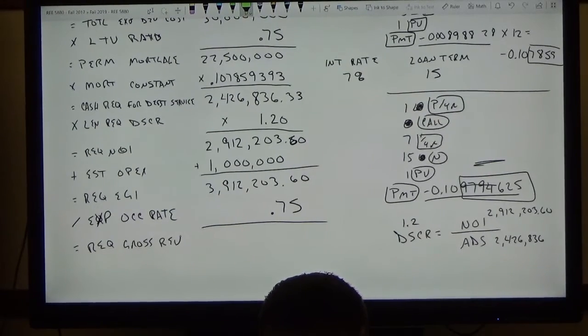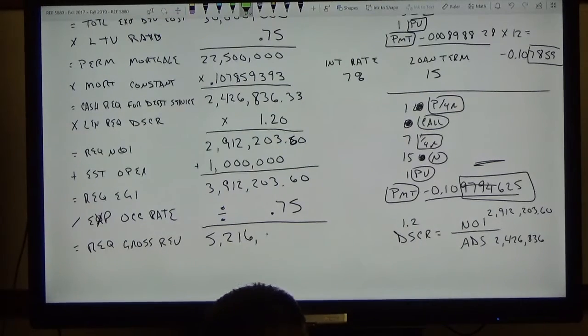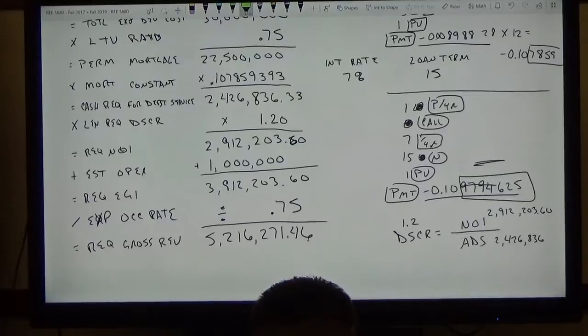All right, so let's do that. It's going to be divided by... So that is our annual gross revenue, or the equivalent of potential gross income.